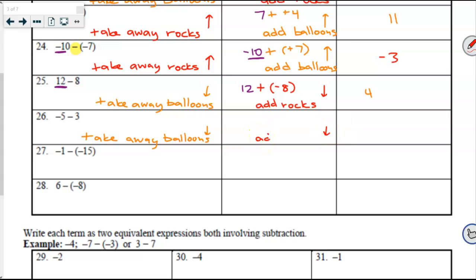So again, we're changing our takeaway balloons, or subtract a positive number, to an add rocks problem. We're going to change it to adding a negative. How do we do this? Well, we still start at -5, right? Okay, that part's done. Now I'm leaving the hard part to you. What does that become, Trace?